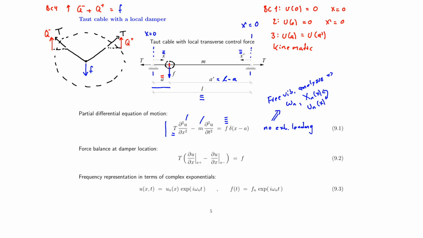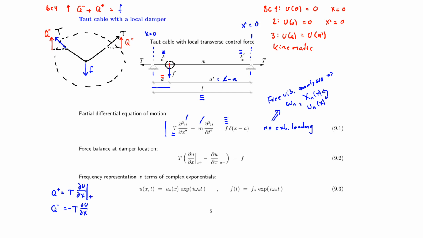Let's start out with Q plus. I'm moving to the bottom of this page. So Q plus is actually equal to the tension force times the gradient of the displacement as a function of x. Now Q minus, to the left, we will have a tension force times the derivative with respect to x prime, but in this case the tension force is in the opposite direction of x, and that we can compensate for by adding a minus in front.